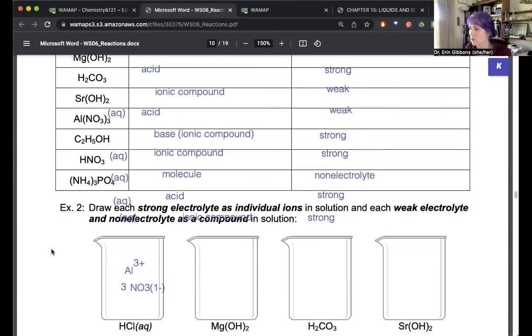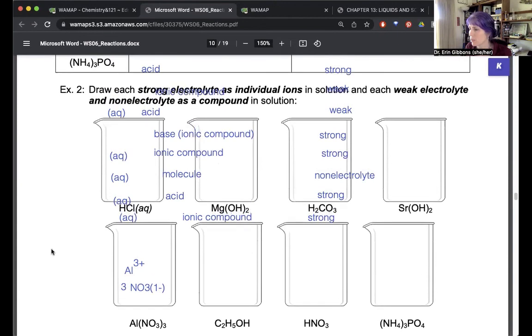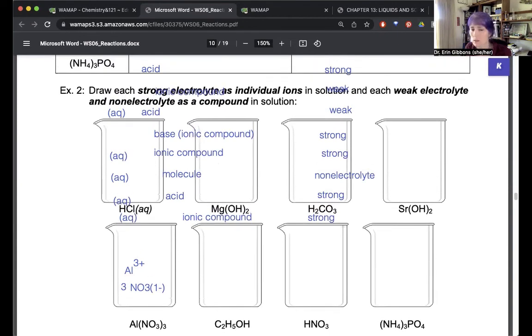Okay, so let me scroll down and fill in our beakers down here. This one is just going to be C2H5OH. It stays together as a neutral molecule. It engages in hydrogen bonding with the other water molecules, dissolves completely, but no charged particles.